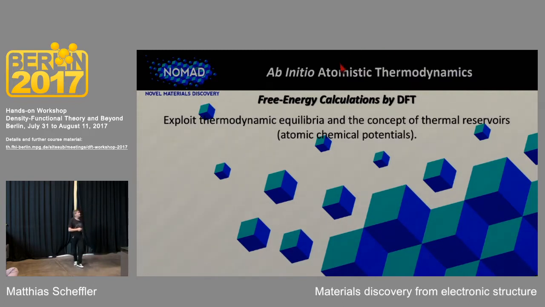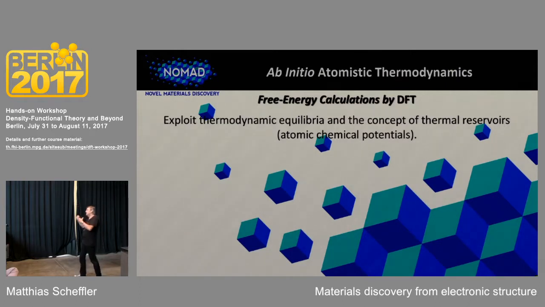But what then also came, and I will be very fast because this will be discussed in one of the lectures, was what is called ab initio atomistic thermodynamics. This is a strange word in a sense that thermodynamics is phenomenological, but together with DFT you can have an atomistic treatment in asking what is happening if the crystal is not just by itself, but in contact with the gas phase.